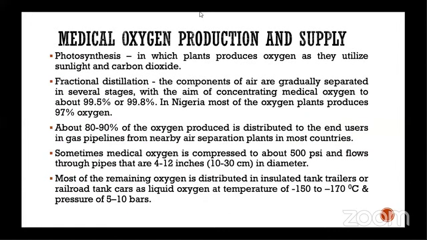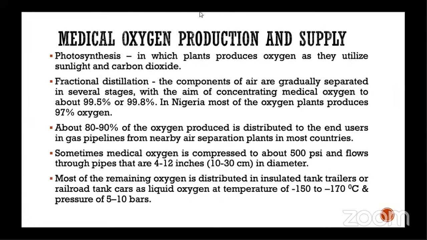How do we produce oxygen and how do we supply it down to the end users? Naturally, oxygen is produced by plants when they are involved in photosynthesis, so oxygen is released to the atmosphere as a waste product of this reaction.